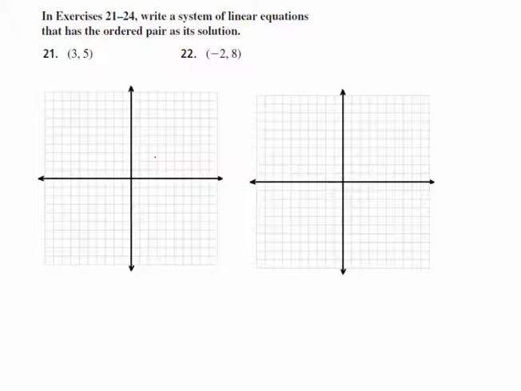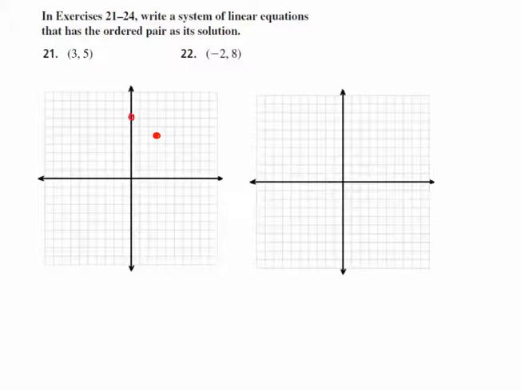So I'm simply going to graph that point there. X is 3 and y is 5. Now, the easiest way to solve this problem, and we did talk about this in class quite a bit, is to find a point on the y-axis. Any point actually will do.